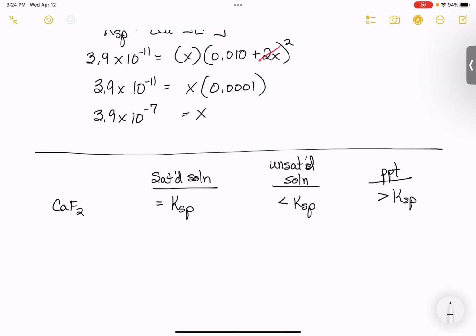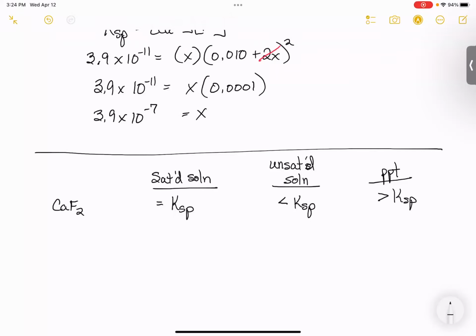No. I was asked, do you get a precipitate with a saturated solution? The answer is no. We're talking about when you combine.